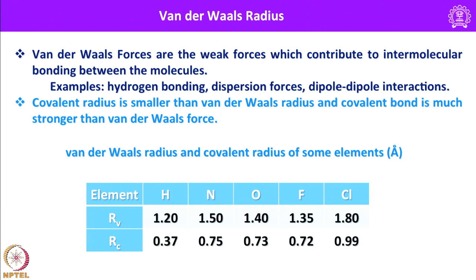The van der Waals radii are almost 3 to 4 times more in the case of hydrogen, and at least double the covalent radius in the others. So, van der Waals radii are much larger compared to covalent radii.